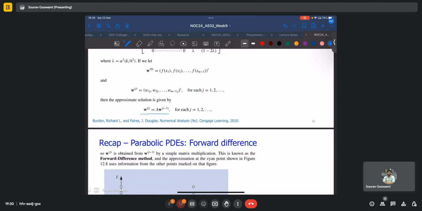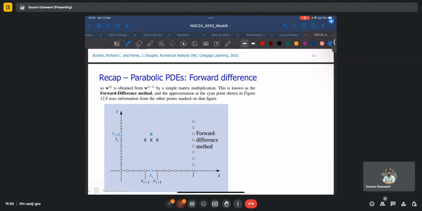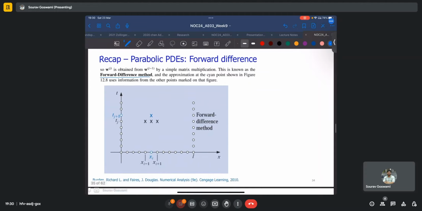So once we have the information of one step, we can generate the information for the next step. w_j will be obtained from w_{j-1} by simple matrix multiplication, and this is referred to as the forward difference method. Graphically, the information at this blue cross can be obtained by a formulation which utilizes the information at the previous time step t_{j-1} from these three neighboring nodes.